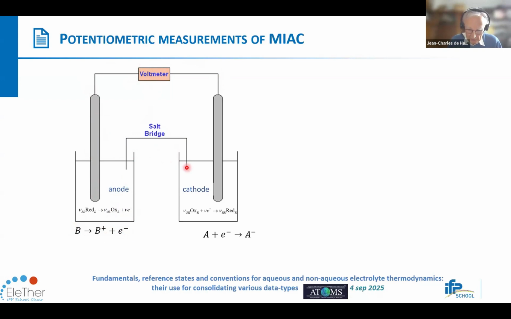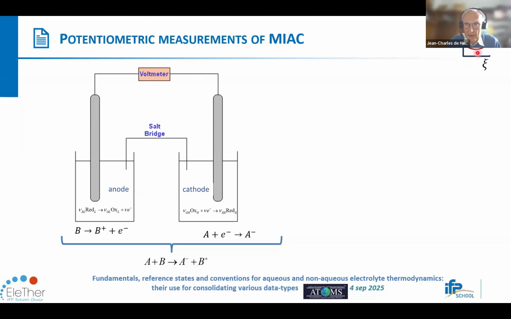So at the end, what's really of importance is that you have a chemical equilibrium. Well, equilibrium, not really. That's really the key. We are not really at equilibrium here because we have a voltmeter that stops the electrons from flowing, which means that you have in fact no reaction occurring, even though there is no equilibrium.